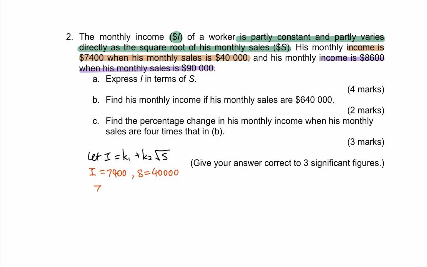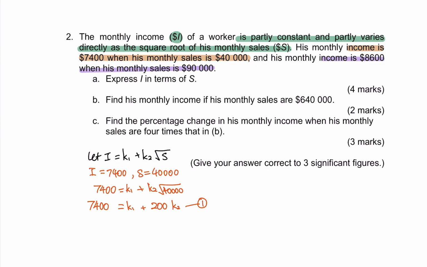So write it first. 7400 equals to k1 plus k2 square root 40k. And if you can calculate anything, just calculate it like that. 40k, you can square root it and you'll find it 200. And numbers we write in front. That's your first equation. Now how about the second equation?